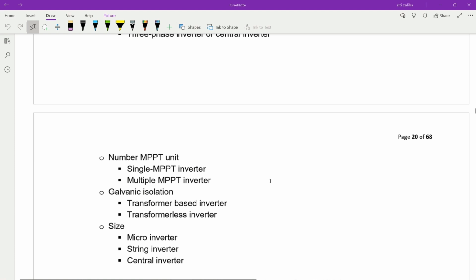Galvanic isolation: whether the inverter is a transformer based inverter or transformerless inverter. And the size of the inverter, which is microinverter, string inverter and central inverter. So usually for three phase, we use a central inverter, but the string inverter is only for single phase.